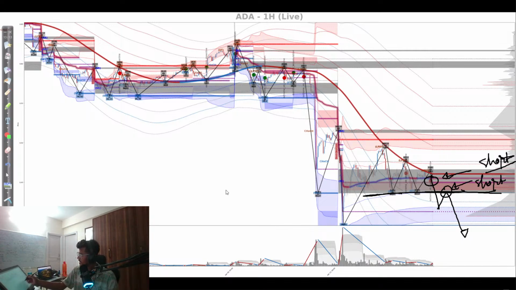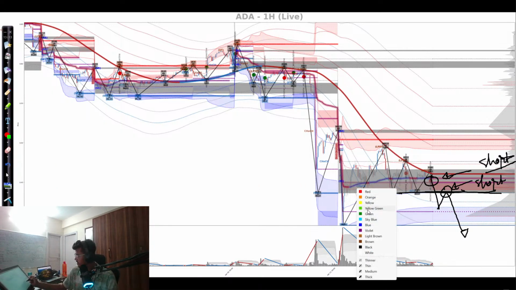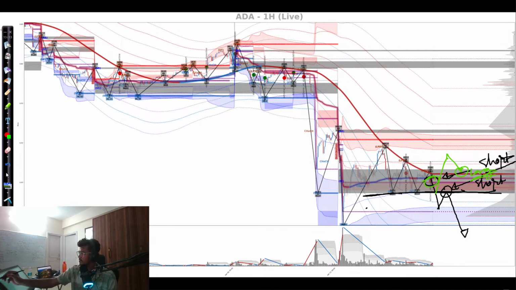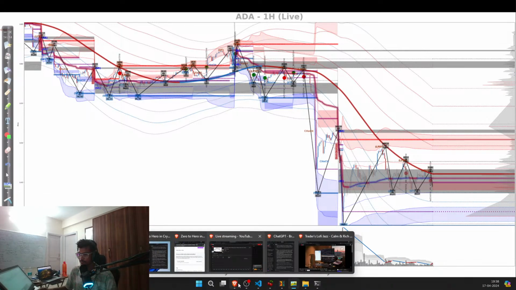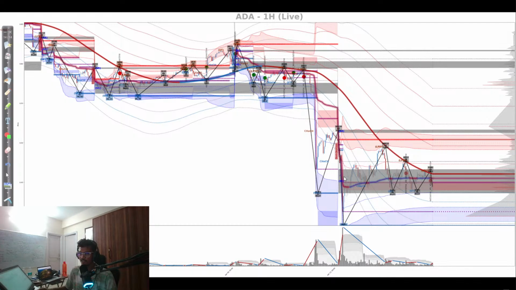Suppose the bias changes. If you want to take a long trade, wait for the market to go up, pull back, and this is where you take the long. But for now, let's follow the trade setup, enter the trade and see how it goes. This is actually the start of the New York session.